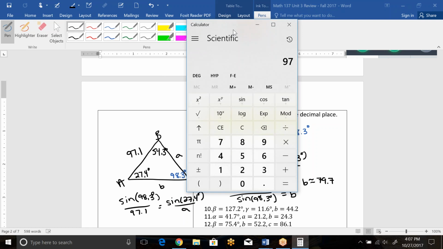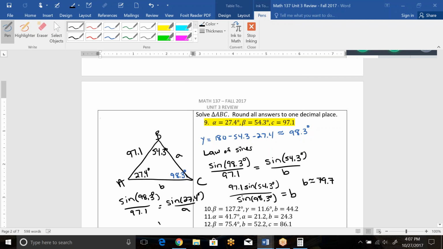This would be 97.1 times sine of 27.4 divided by sine of 98.3. Hit enter, and we get 45.2 for little a. So we have our 98.3 degrees. That was gamma. Then we have 79.7 for b and 45.2 for little a.